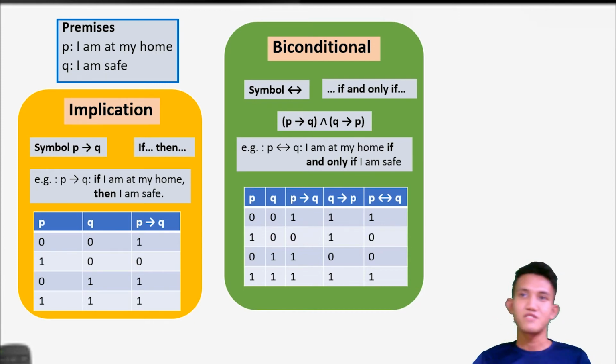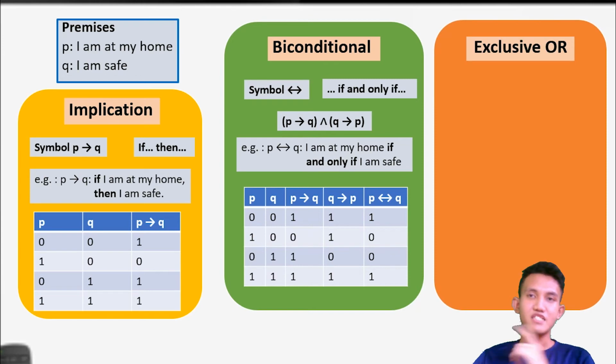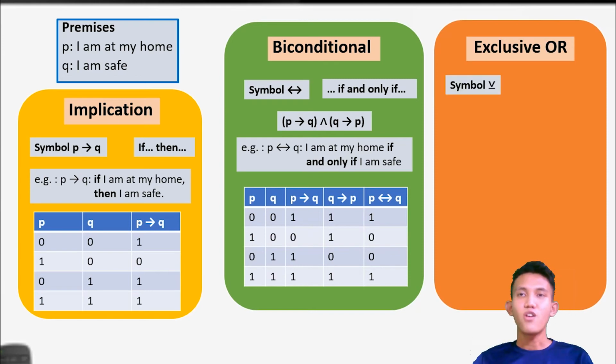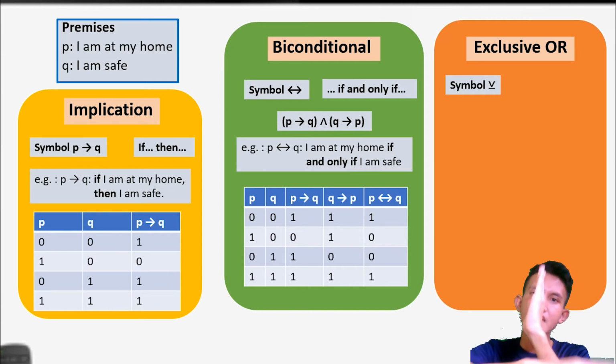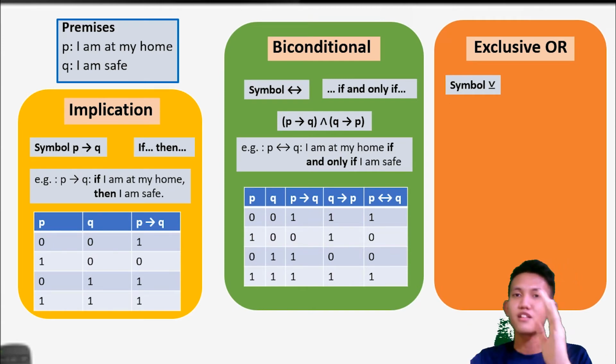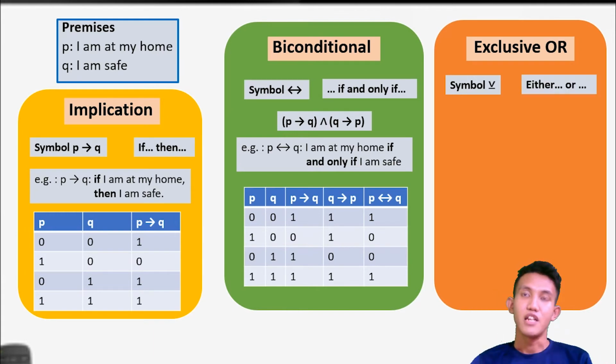The sixth is about exclusive OR, with the symbol V with an underscore under it, and the word we use is "either or."